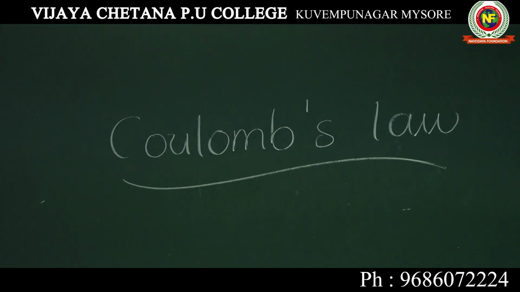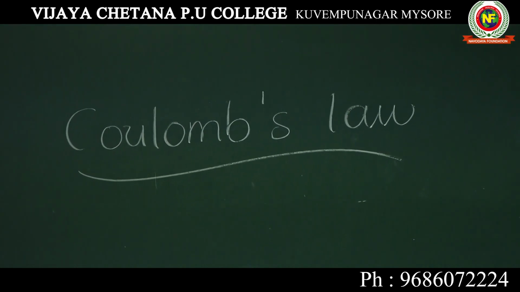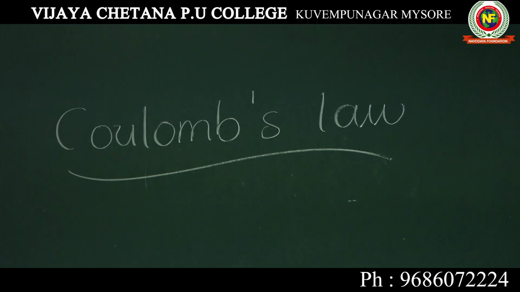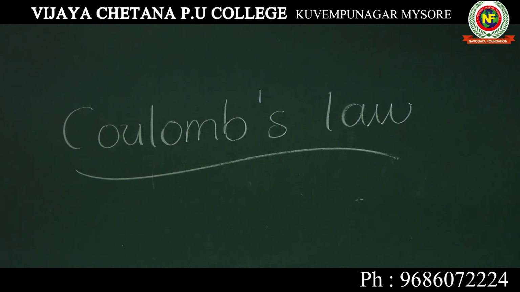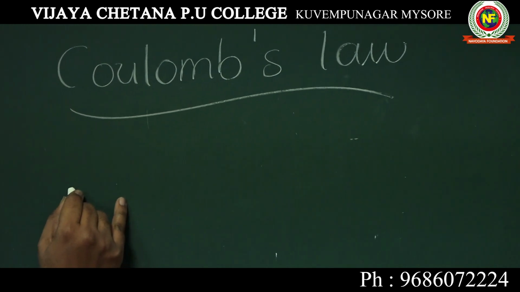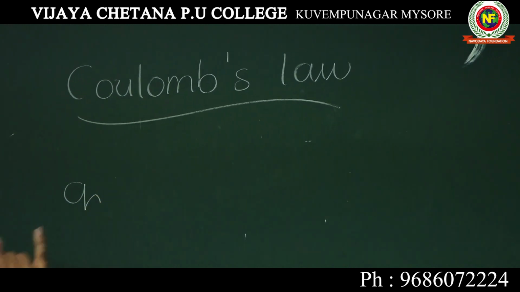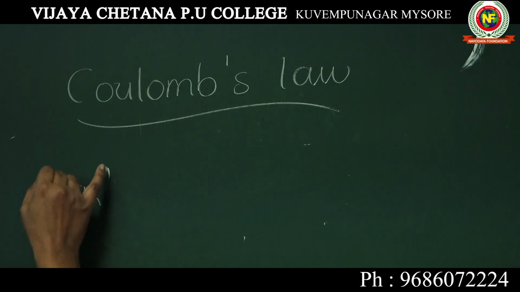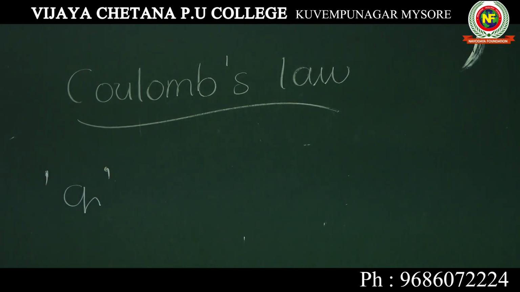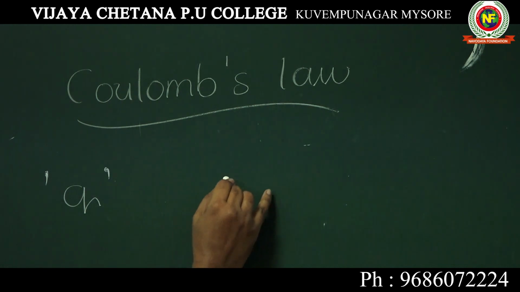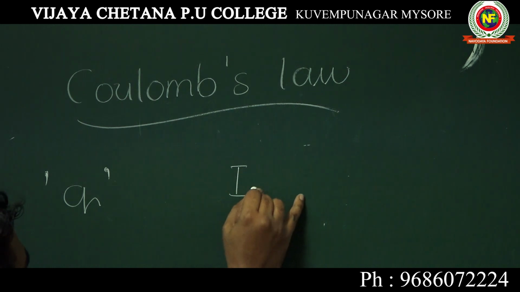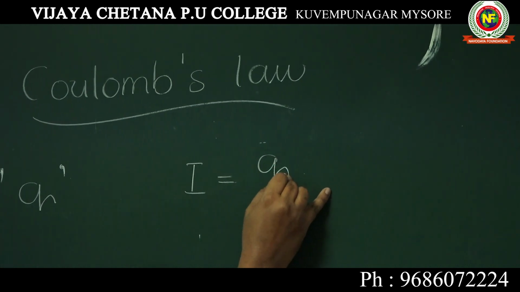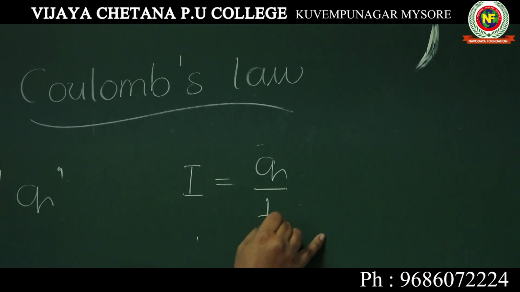Next point is about writing the units and dimensions for different physical quantities we have observed so far. First of all, we started with charge. Remember, in the SI system, charge is not a fundamental quantity, but electric current is. Electric current is charge divided by time.